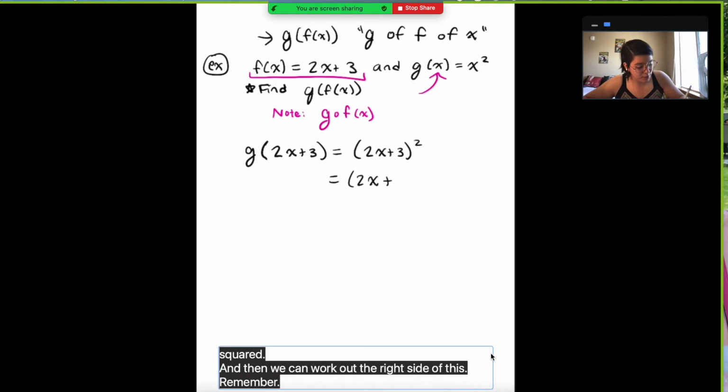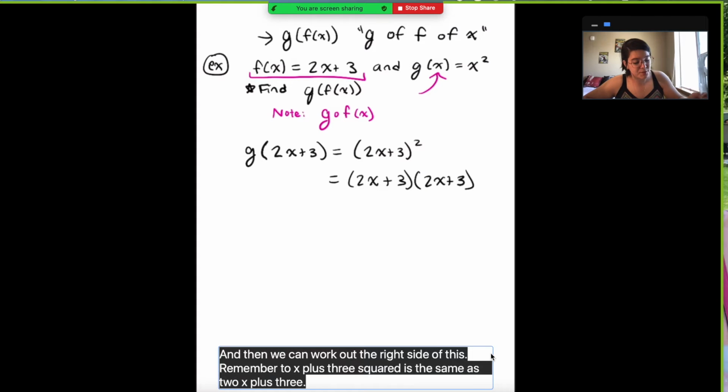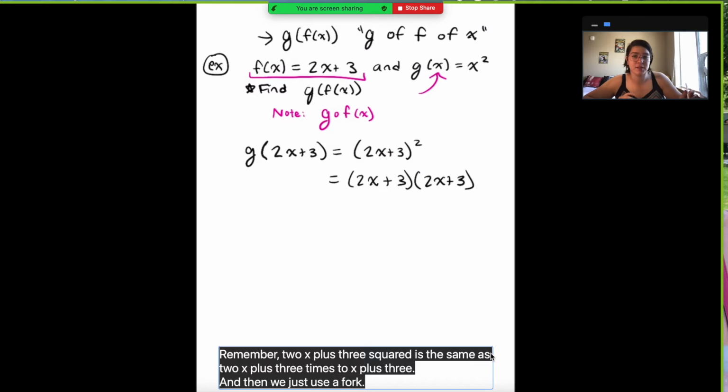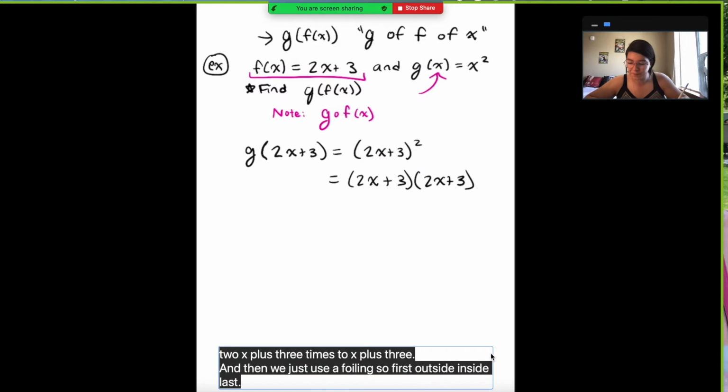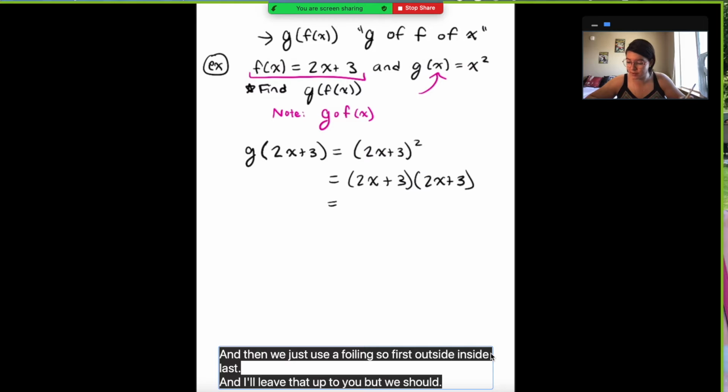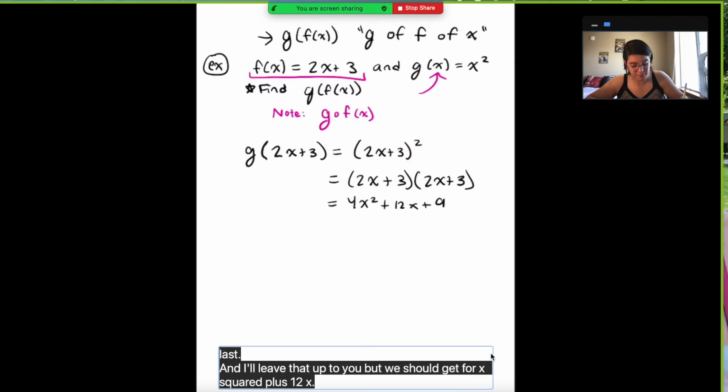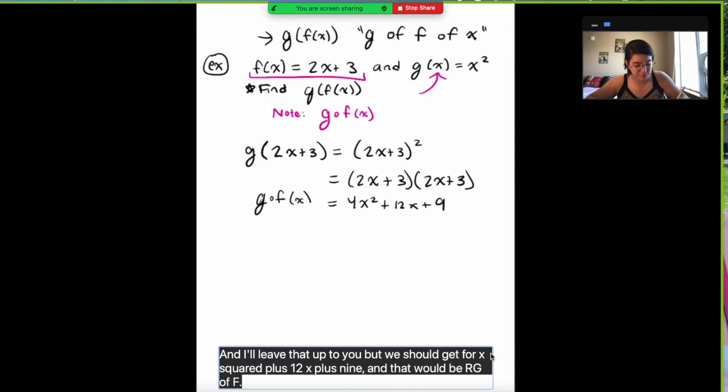Remember, 2x plus 3 squared is the same as 2x plus 3 times 2x plus 3. And then we just use foiling, so first, outside, inside, last. I'll leave that up to you, but we should get 4x squared plus 12x plus 9. And that would be our g of f of x.